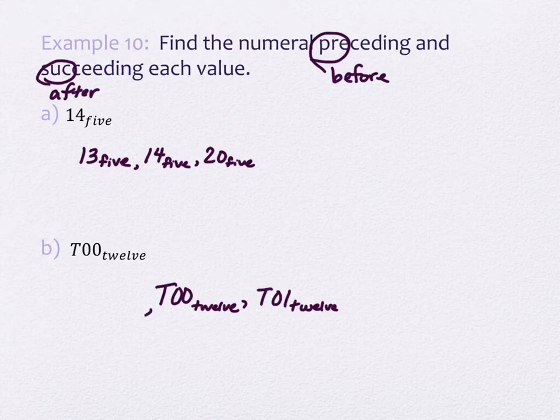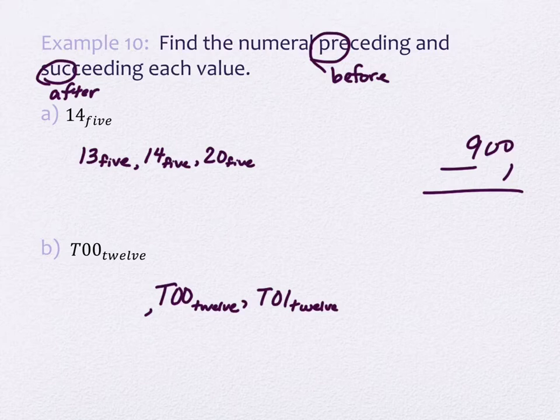The one that's harder to think about is the one that comes before. And the same is true for us if we think about the number 900. You know what comes before it because you've worked with math long enough that you know how your number system works. But if you were working with a child and you told them to subtract, 900 minus 1 is not the easiest subtraction problem in the world. Why not? What makes this challenging? Yeah, those zeros.